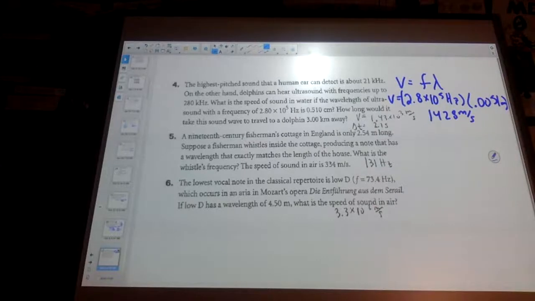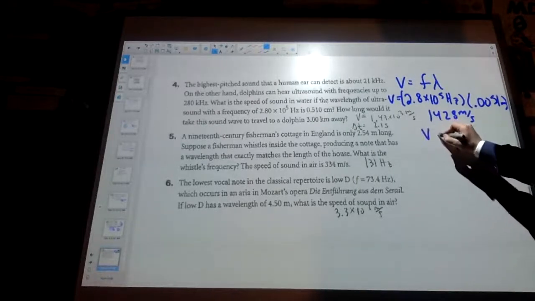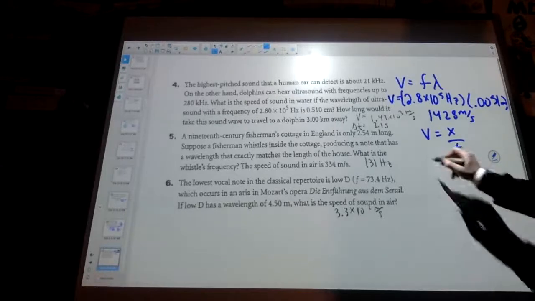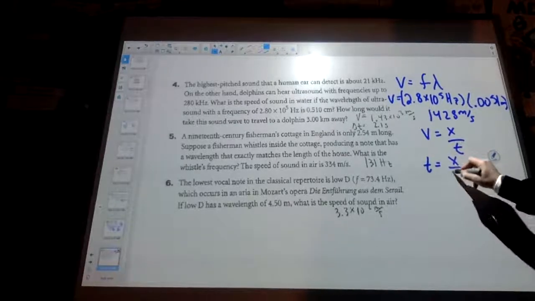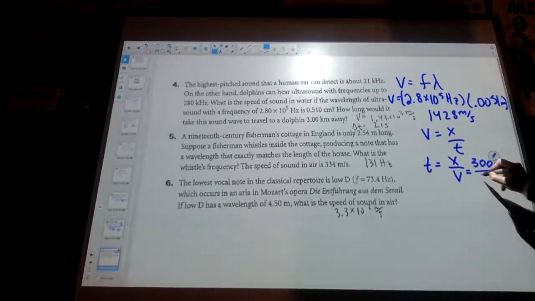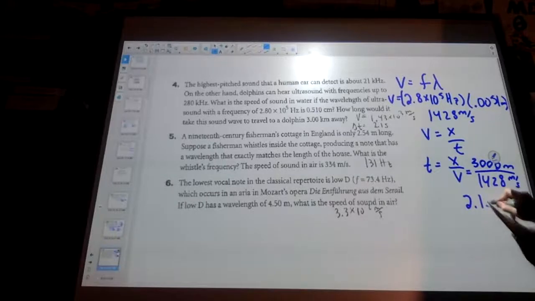So I have a velocity of 1428 meters per second. We have a dolphin that is 3,000 meters away. The speed is going to be essentially constant. So we have 3,000 divided by 1428. Which is 2.1 seconds.